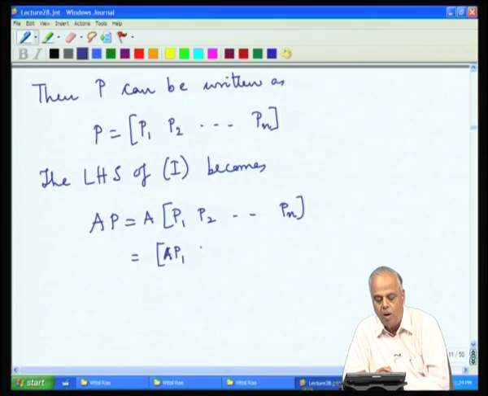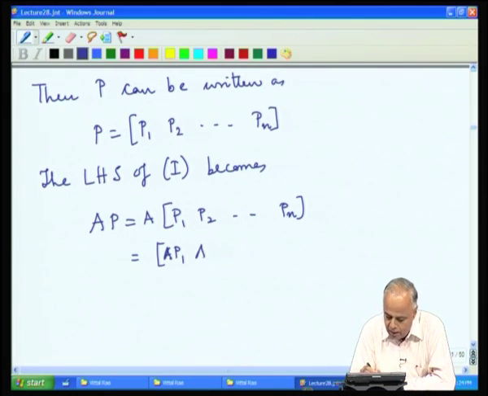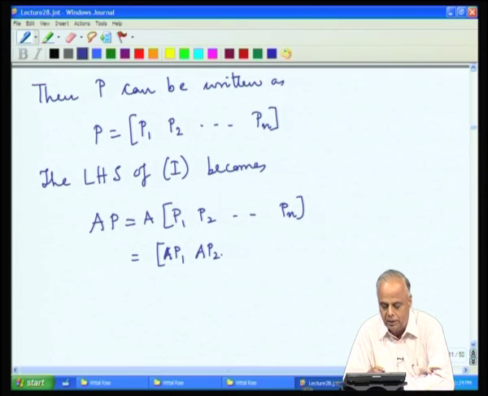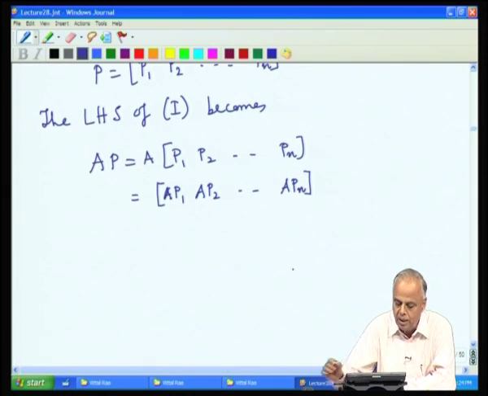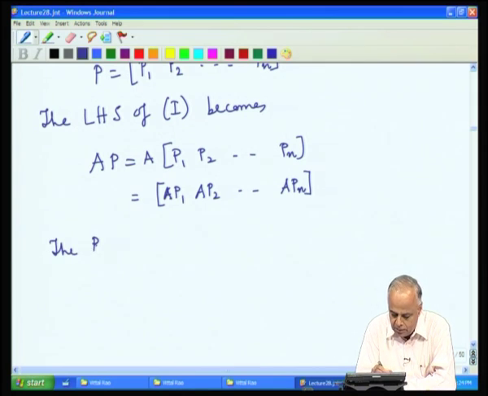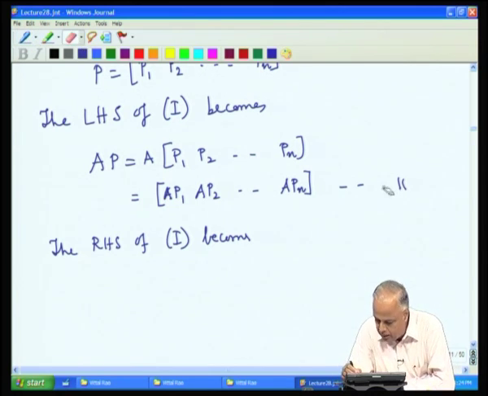The first column of this product is obtained by multiplying the matrix A by the first column of P. Then the second column is obtained by multiplying the matrix by the second column of P, and so on up to A P n. This is the left hand side of the equation, the LHS.